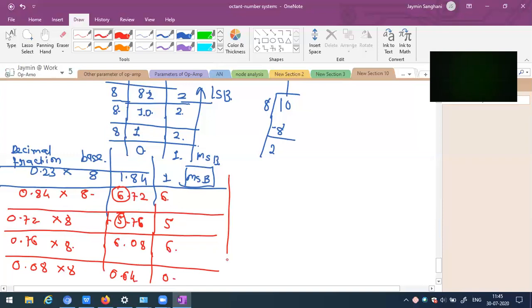So here we get this MSB and this LSB. You can do up to 4 to 5 steps.